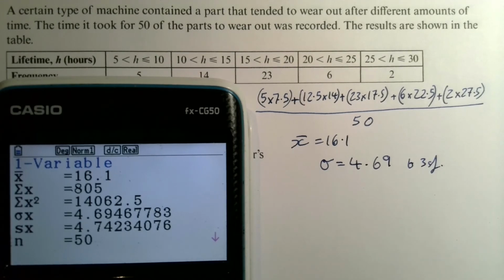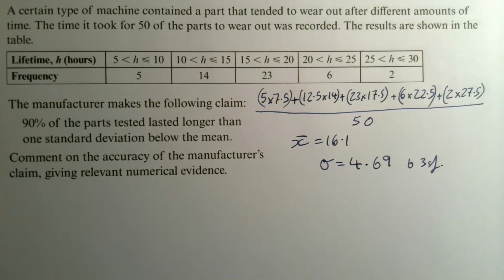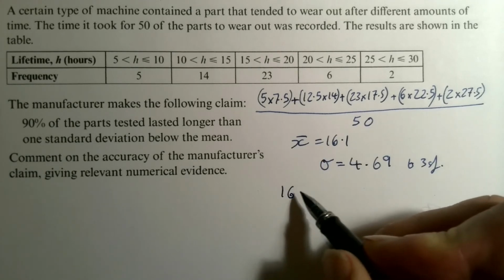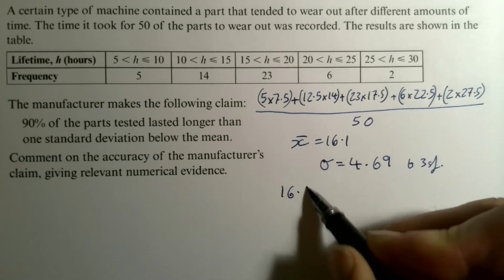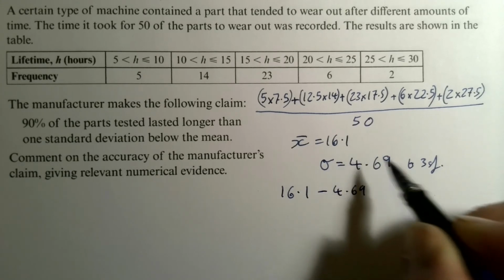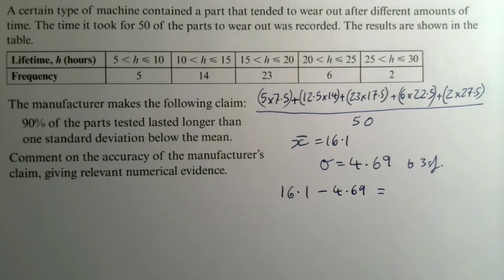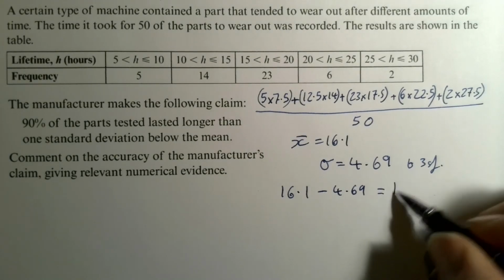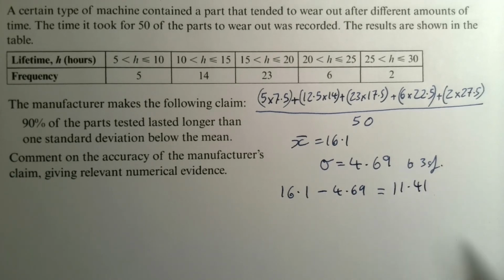And what that means is one standard deviation below the mean. It's literally just the mean is at 16.1. One standard deviation below is what happens when you take one lot of 4.69 off there, which gives us 11.41.